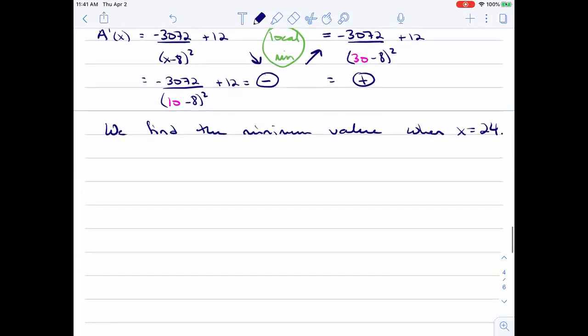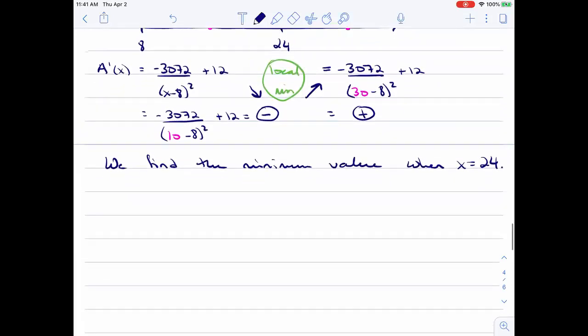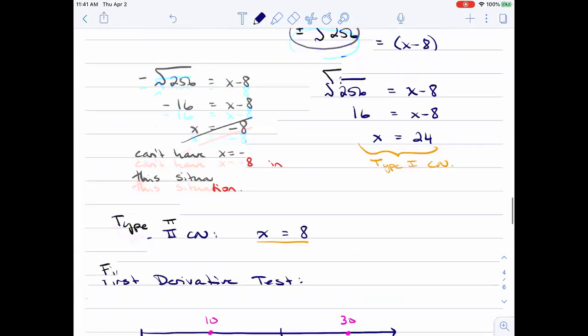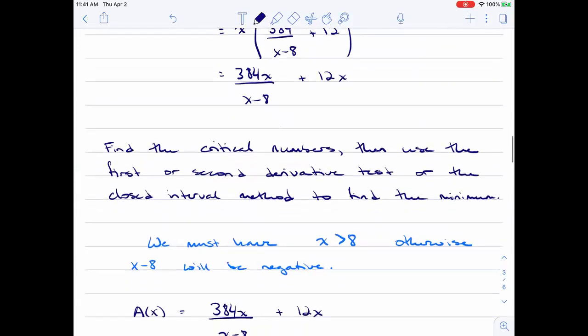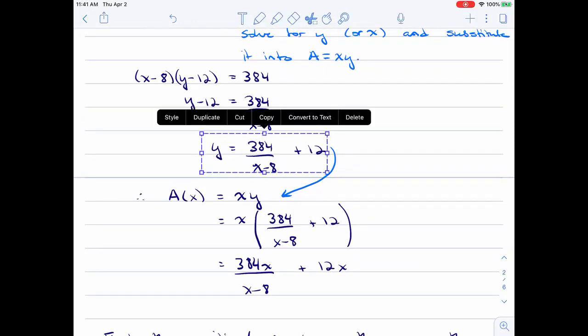We wanted to find the dimensions of this thing and probably the area too, just to make sure. So now we can find y from before, from the substitution we made. Let me just copy this so I don't have to remember it.